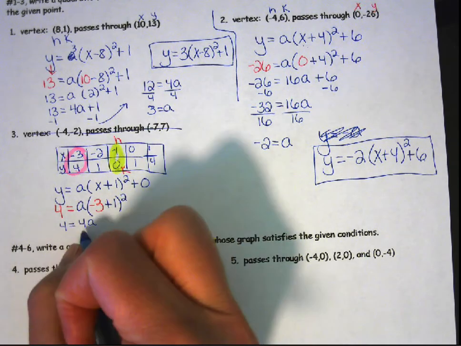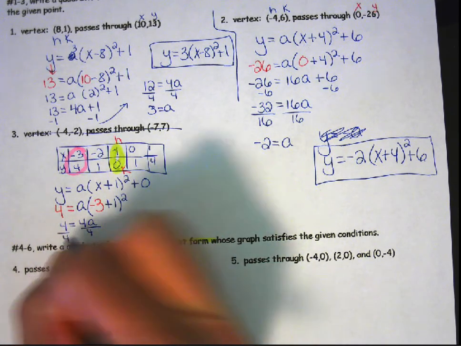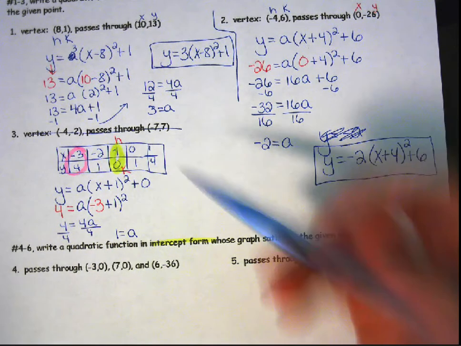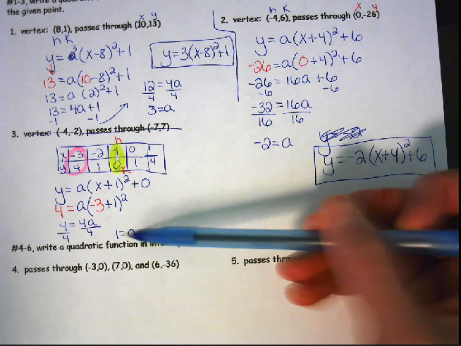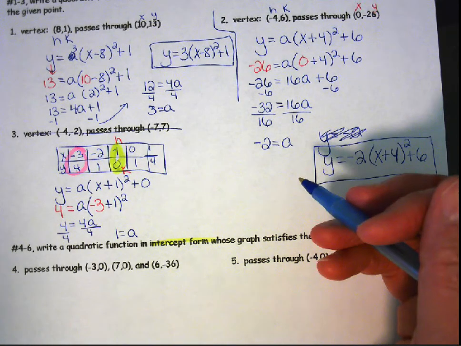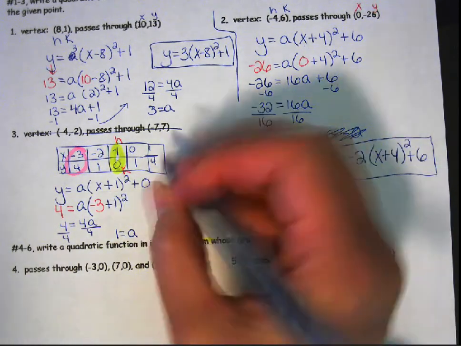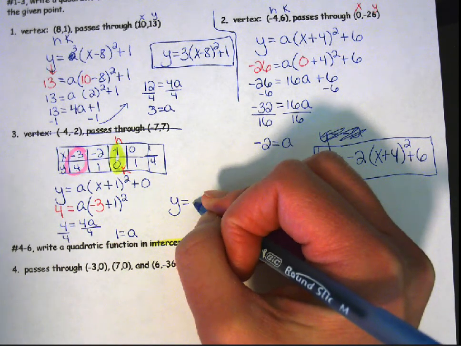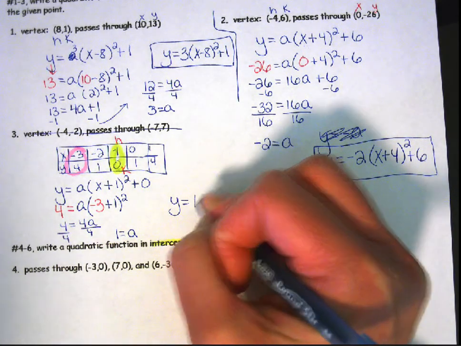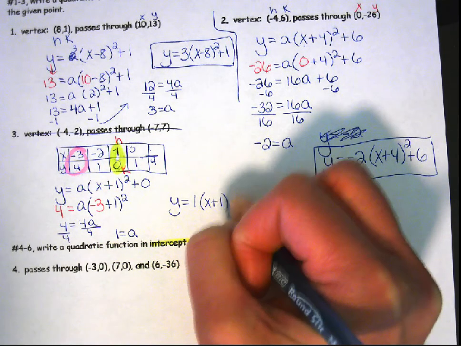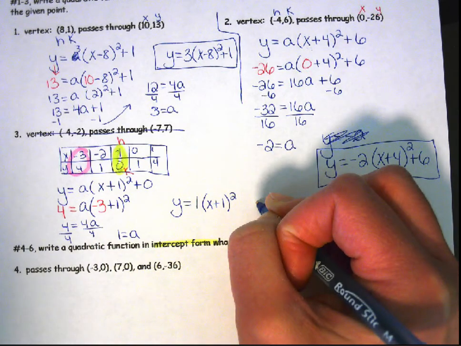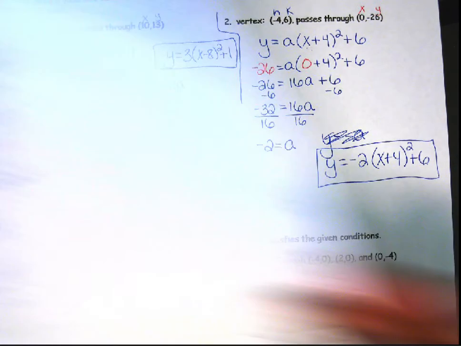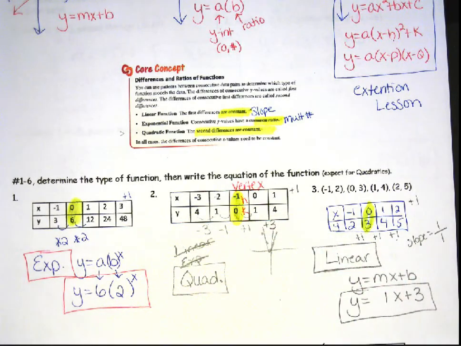I divide off the 4, and I get A to be 1. If you tried one of these other ones, you probably got the same answer. All right, now all we got to do is plug this back in. So we have y equals, now if you don't want to put the 1, you don't have to. It's considered understood. So 1 and then x plus 1 quantity squared, and then we don't really need the plus 0. So this right here would be my answer to number 2 from yesterday's lesson.